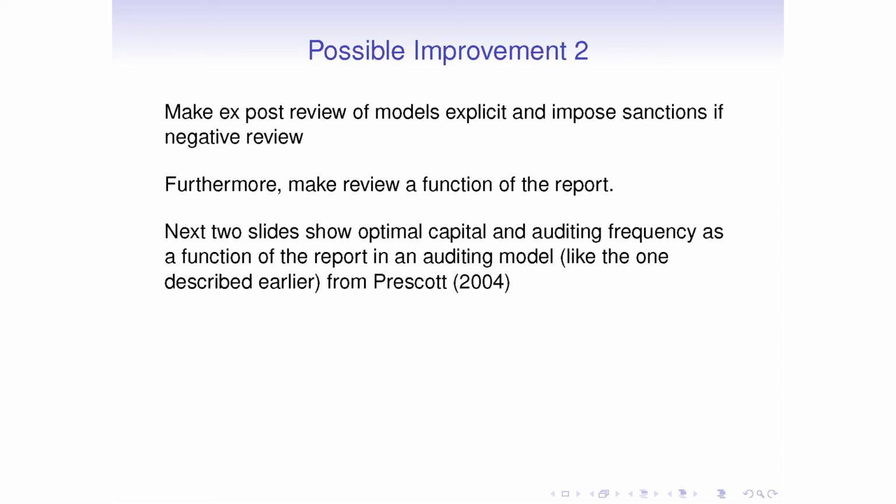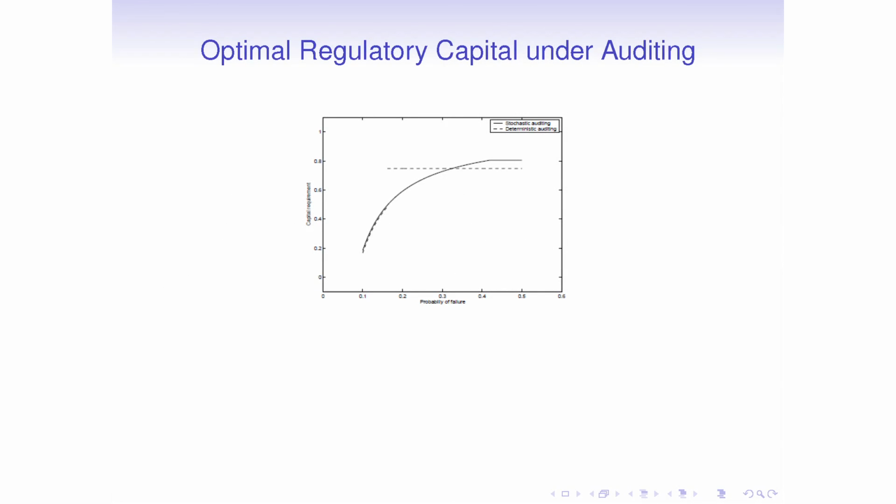I'm going to show you some slides from a little model I did of optimal capital with auditing frequency, where a bank had private information and regulators could audit as a function of the report. If you look at the dotted line, this is how much capital they hold as a function of P, with deterministic auditing.